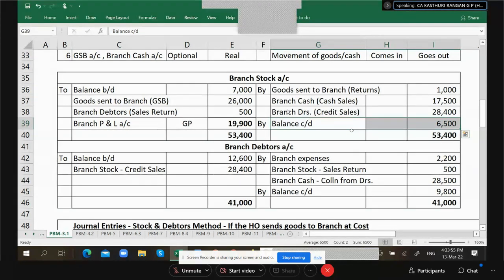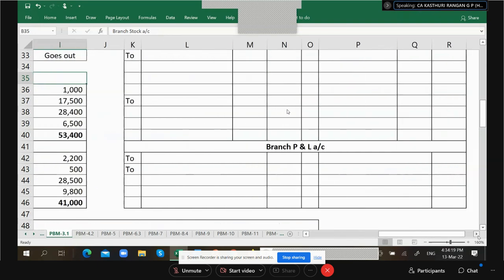So therefore, you find the branch has made a gross profit of 19,900. So when the branch makes a profit of 19,900, it should be transferred to which account? P&L account. Gross profit will be transferred from trading account to P&L account, but the name here is branch stock. You remember in the memorandum method also, we got the same gross profit, is it not?